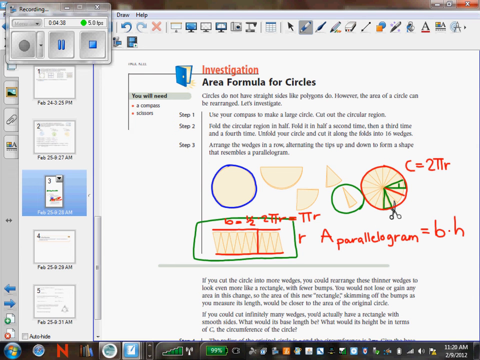So my area of my circle will be my base, which is pi r, times my height, which is r. So I get the formula of pi r squared.